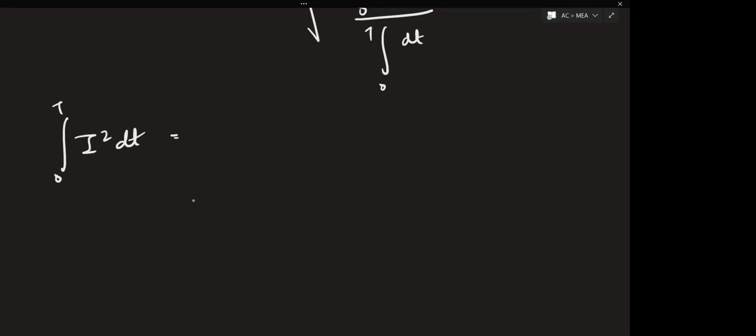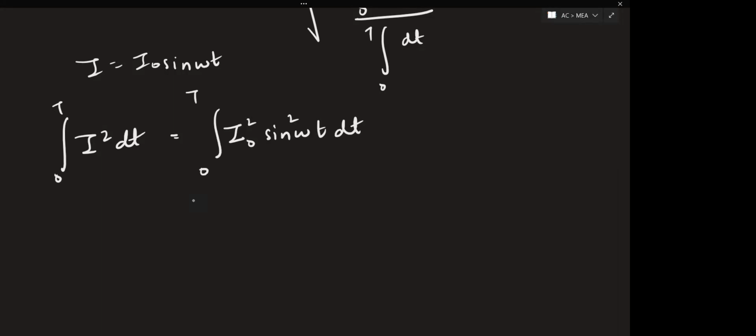So see, I square is what? I was equal to I naught sine omega t in AC, alternating current. This was direct current. So this becomes I naught square sine square omega t dt, integrating from 0 to capital T. I naught square will be the constant that comes out.